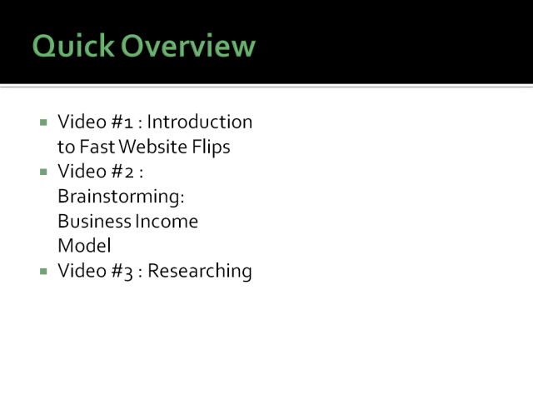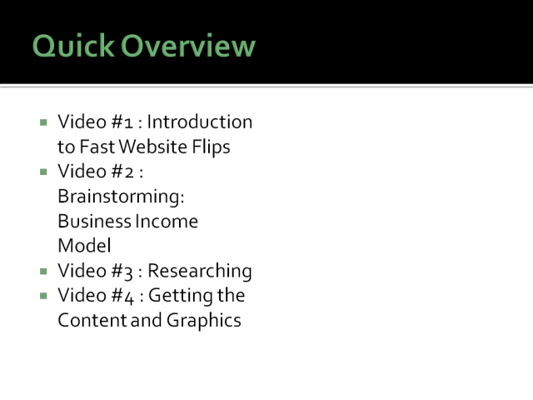Now, if you already have a good idea of what's profitable, you don't have to do too much research. But in this section, you're going to need to do keyword research, research on profitability, make sure that what you have brainstormed is profitable. If you do videos 2 and 3 properly, you're setting yourself up for success.